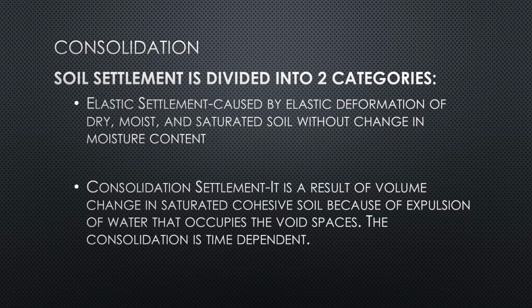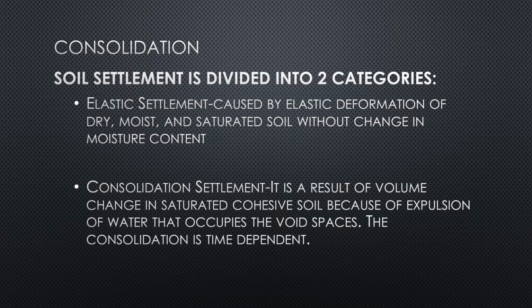Elastic settlement happens to a soil either dry, moist, or saturated, but it does not change the moisture content of the soil. Consolidation settlement is a result of volume change in saturated cohesive soil because of expulsion of water that occupies the void.